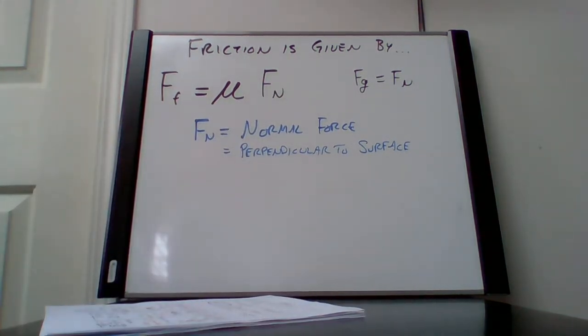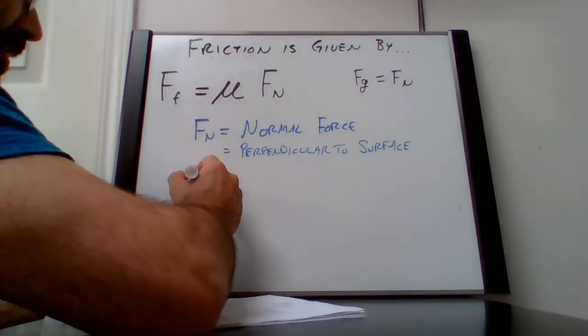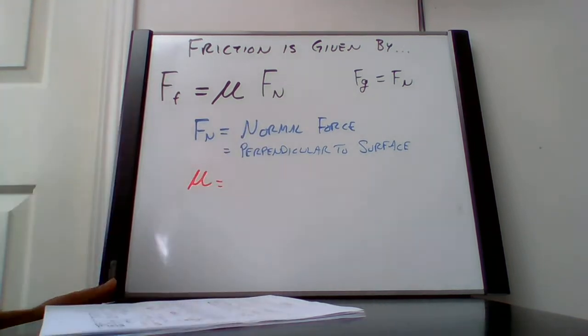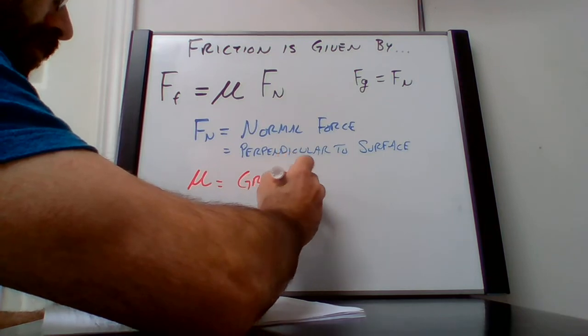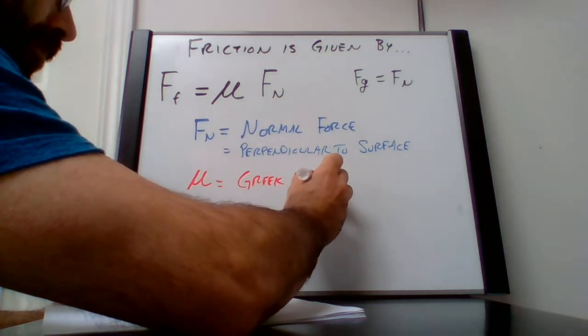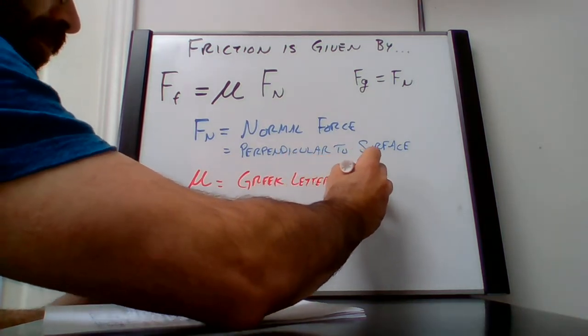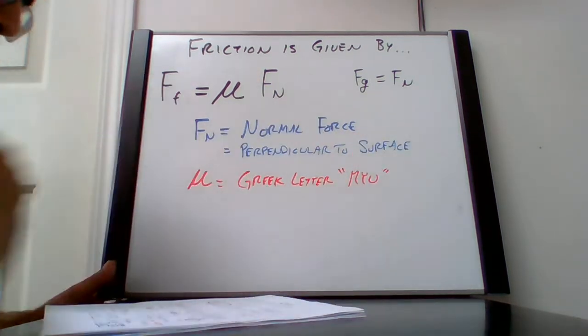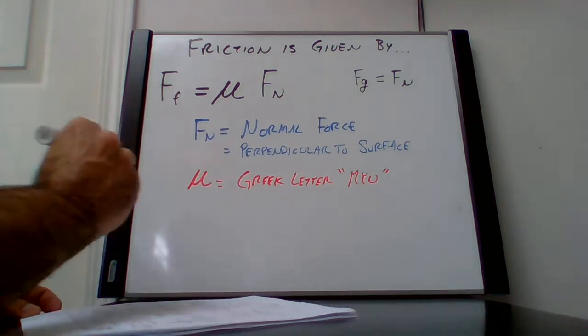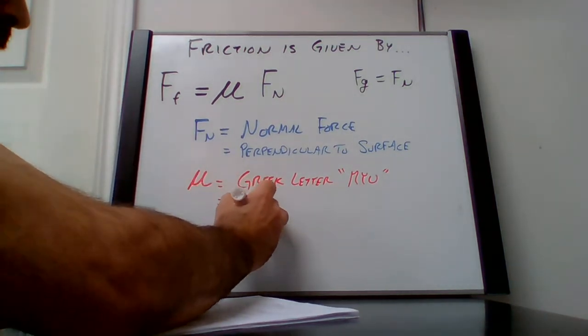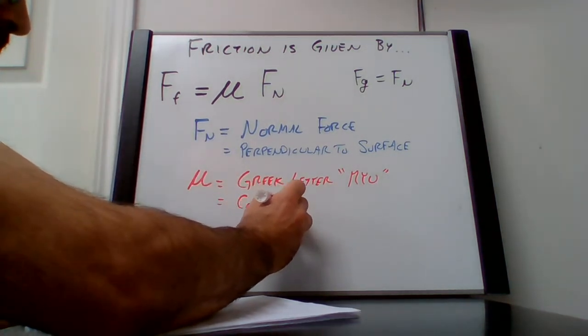All right. Now, what's this funny little letter here? This is the Greek letter pronounced mu. This is actually the coefficient of friction.